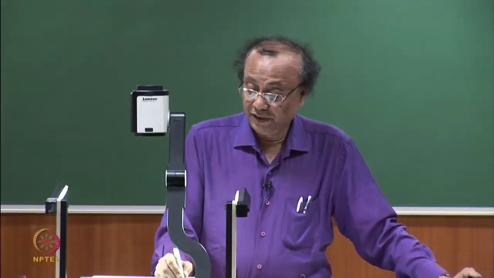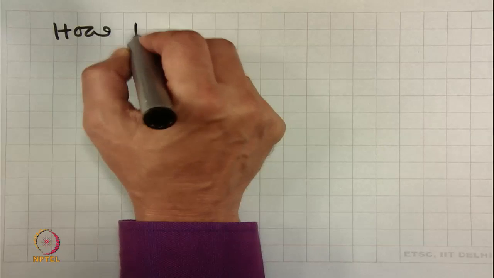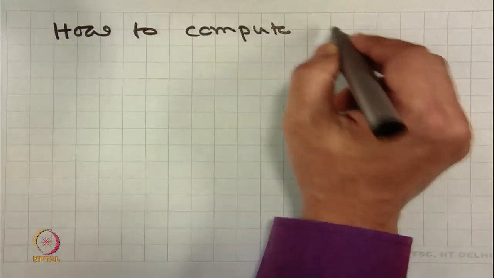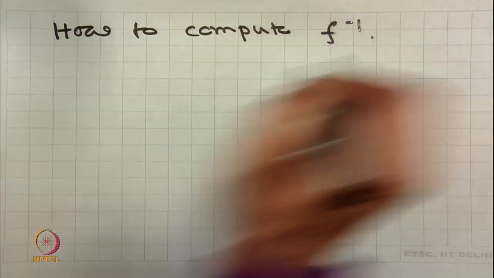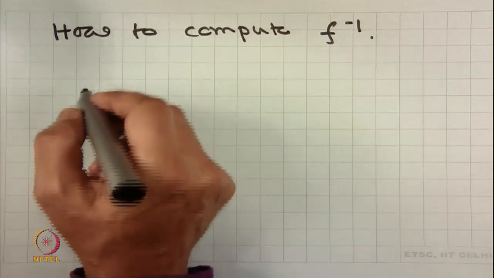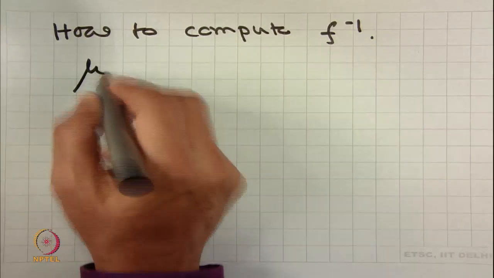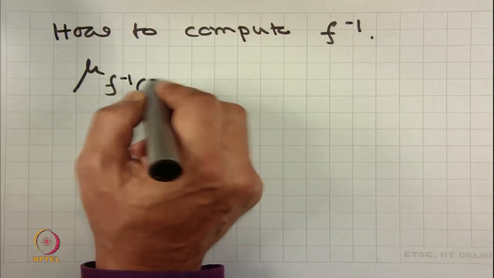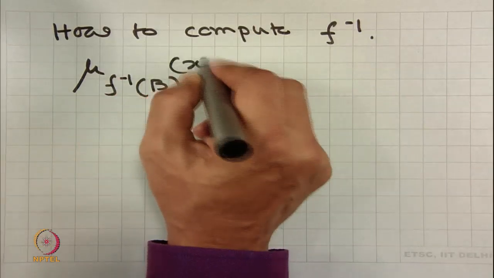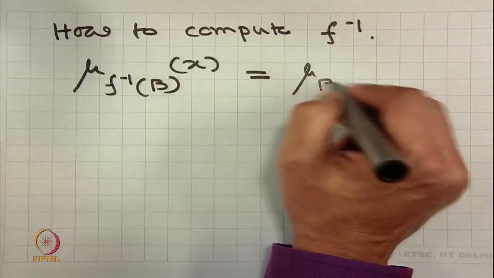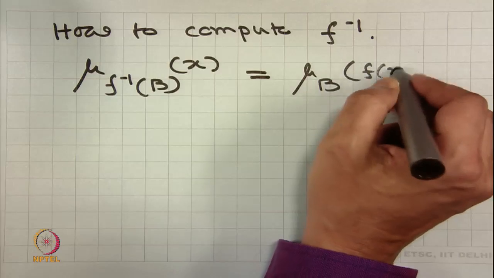How to compute the inverse? F inverse. Therefore, mu F inverse B of x is equal to mu B of f(x).